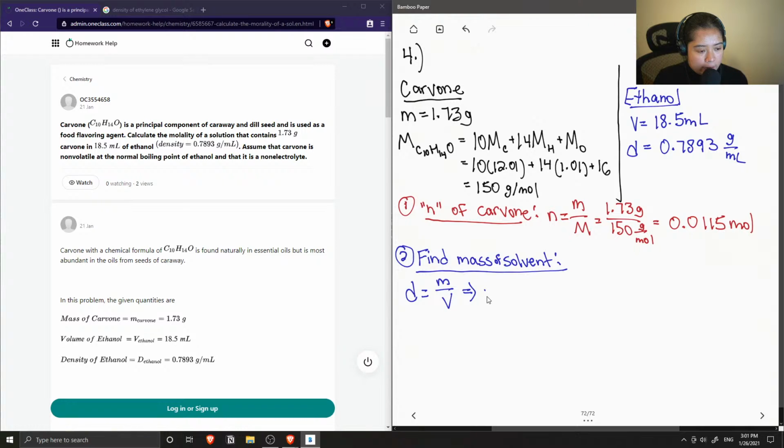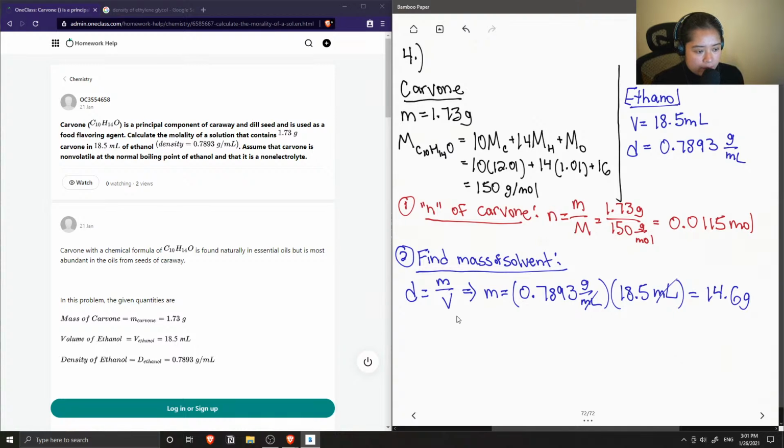So if we rearrange this equation, we can solve for mass by multiplying the density, which is 0.7893 grams per milliliter, by the volume, 18.5 milliliters. And notice that our units for mL will cancel out, and this gives us the mass of our solvent, which is around 14.6 grams.